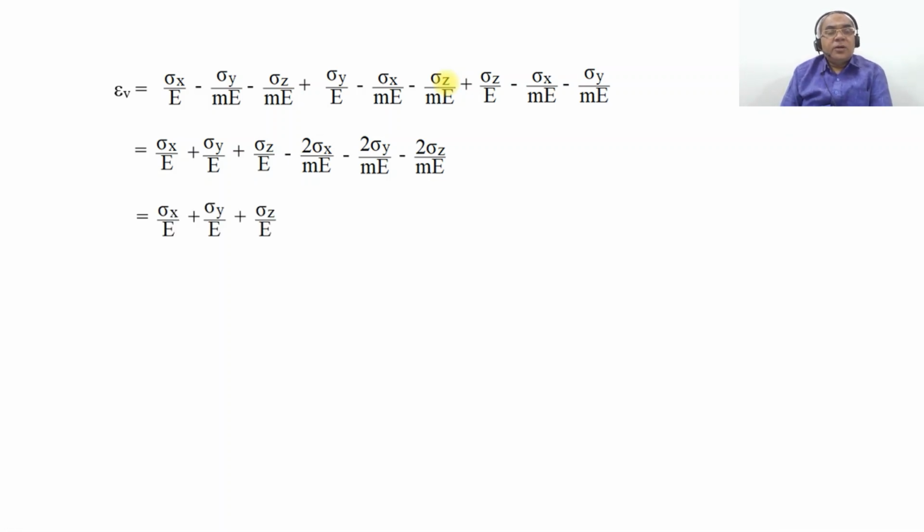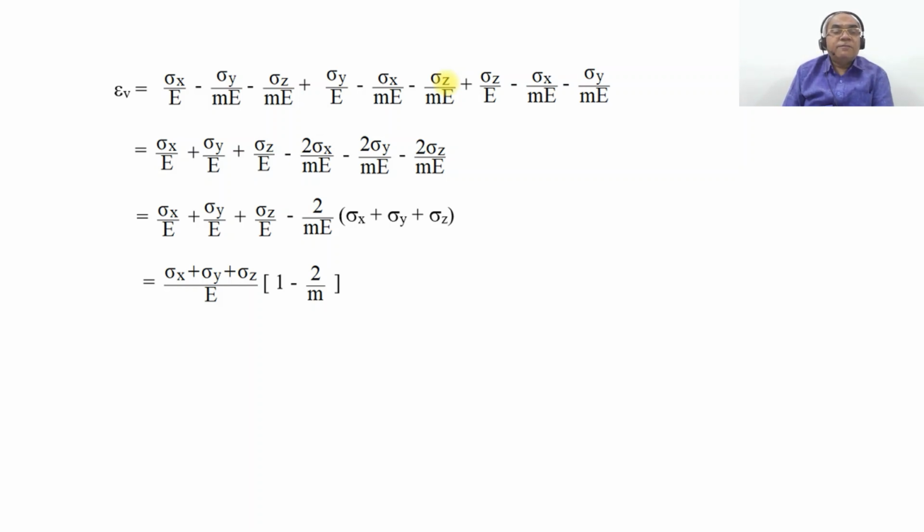So what happens? You take out sigma x by E plus sigma y by E plus sigma z by E, minus 2 by m into E into sigma x plus sigma y plus sigma z. Then similarly, you take out sigma x plus sigma y plus sigma z by E as the common factor, because you have in the numerator here sigma x plus sigma y plus sigma z, and similarly sigma x plus sigma y plus sigma z.